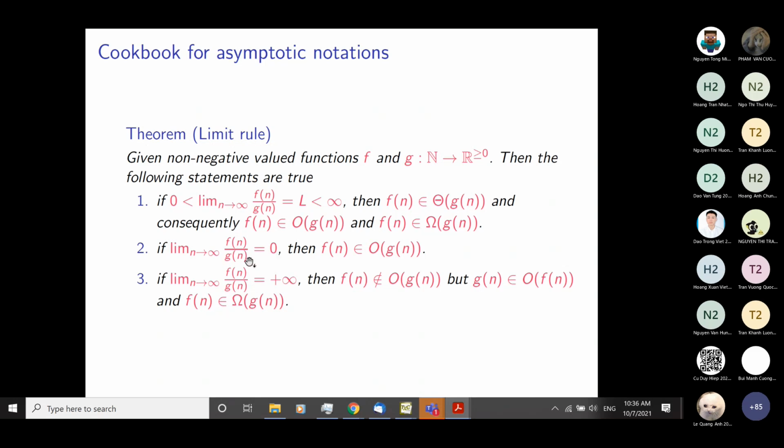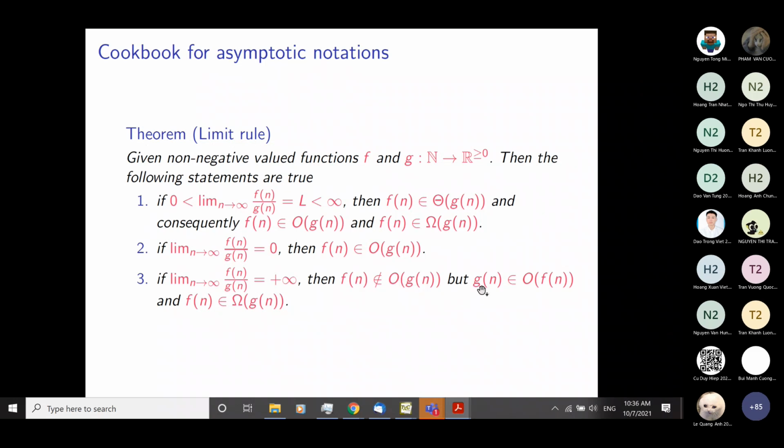So if you can prove that this relationship converges to 0 in the limit of n, then you have a proof that Fn is bound above by Gn. On the other hand, if this limit grows to converge to infinity, that means Gn is greater than Fn. So definitely Fn is not in Gn, okay?